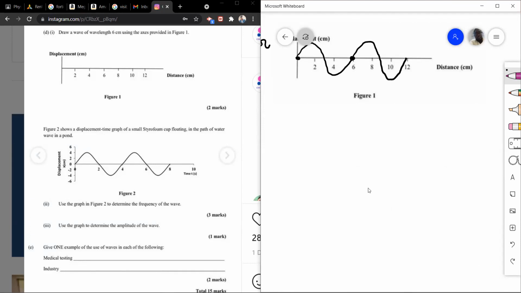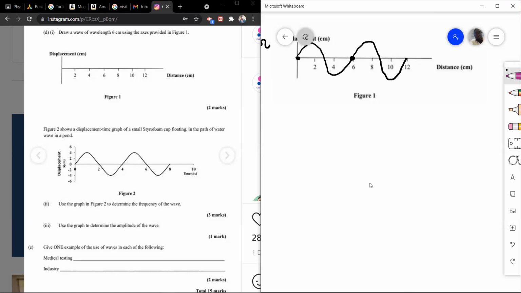So this is 1 divided by 8? 1 divided by 4.